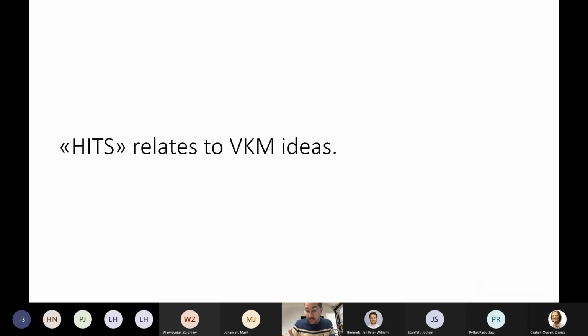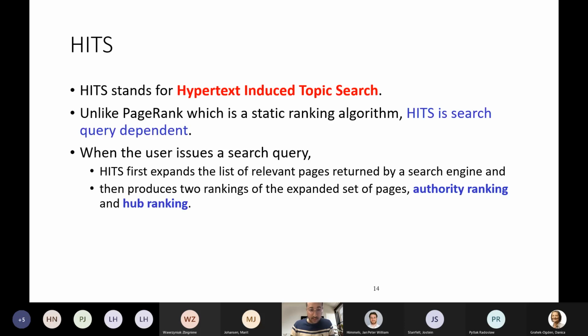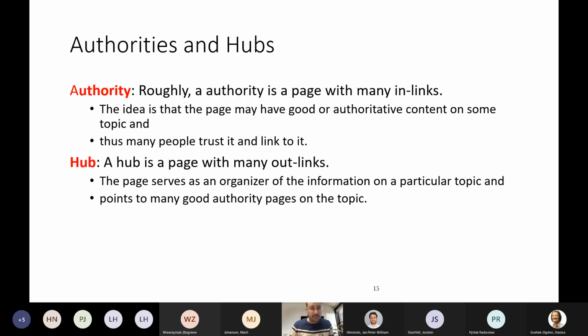Interestingly, this relates to an algorithm called HITS that is very popular, maybe not as popular as PageRank, and that came in the same year as PageRank, in 1999. It's called Hypertext Induced Topic Search, and this algorithm uses exactly the idea of co-citation and coupling.